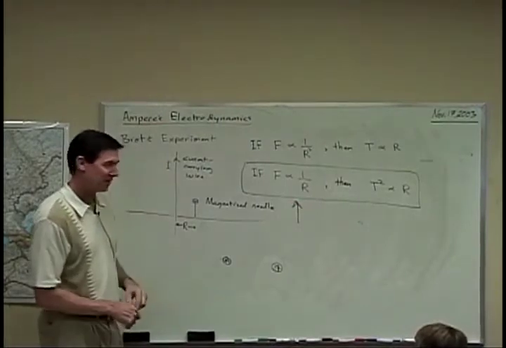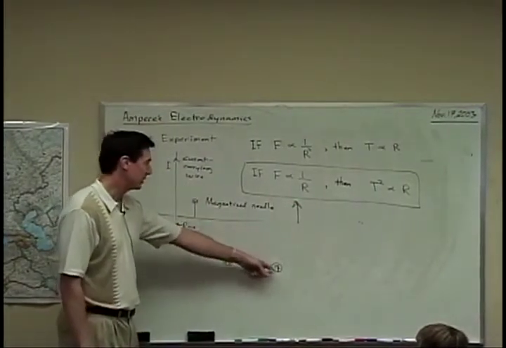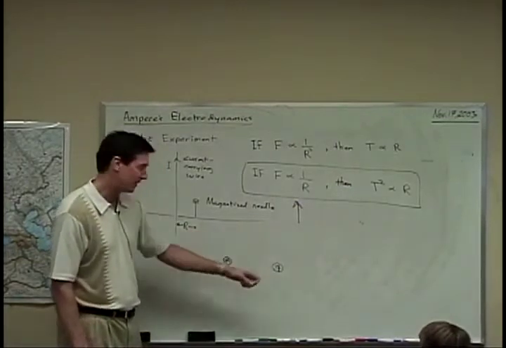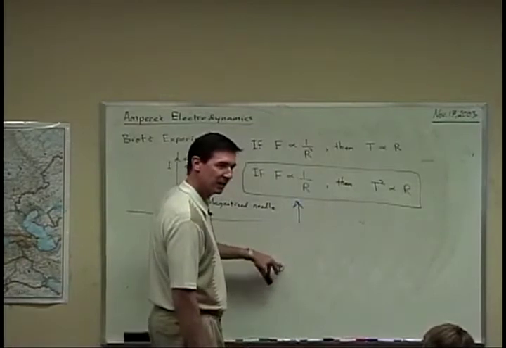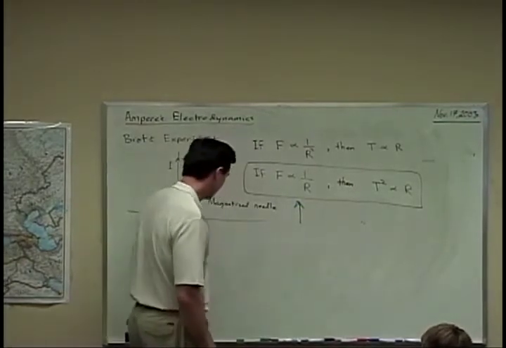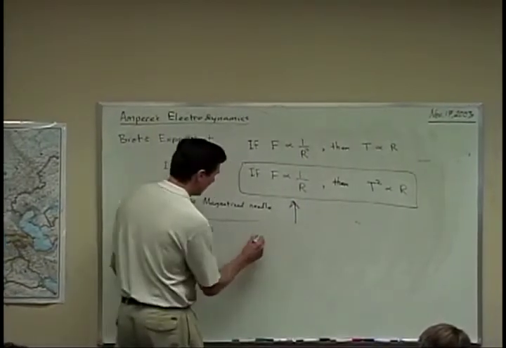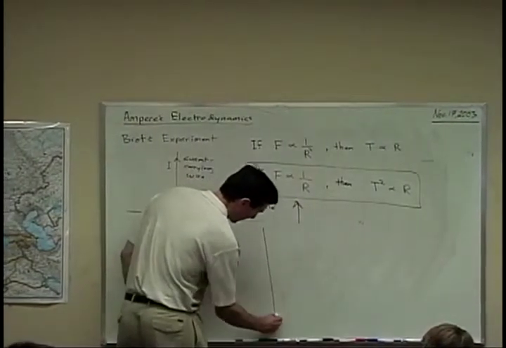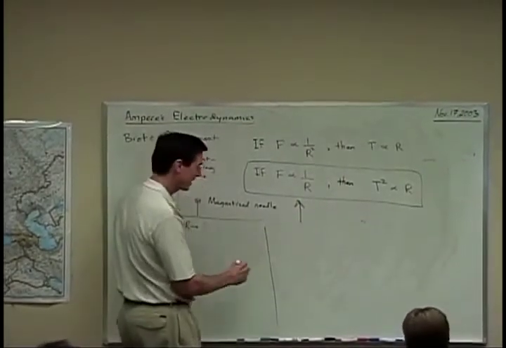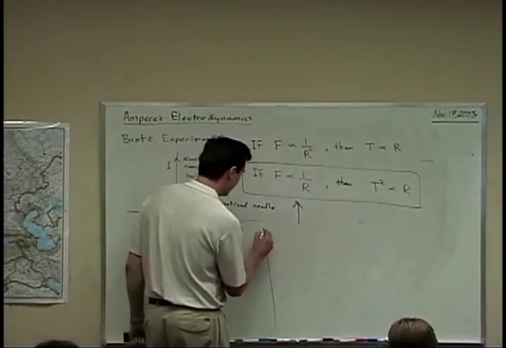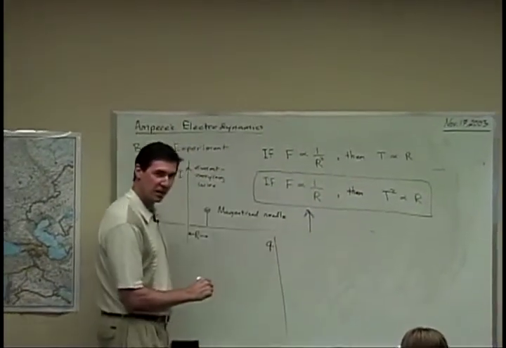Biot and Ampere figured out, well, maybe this isn't so different from what we've seen before for magnetism and charge. What if, instead of just having a little ball of charge, we have some long object and we charge it up, so there's charge everywhere on this long object.